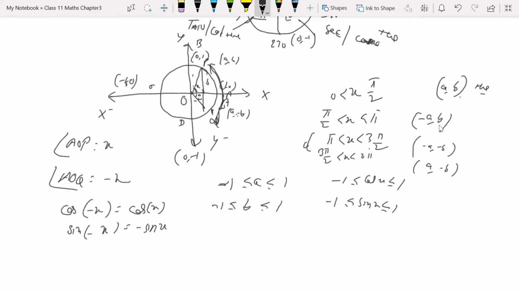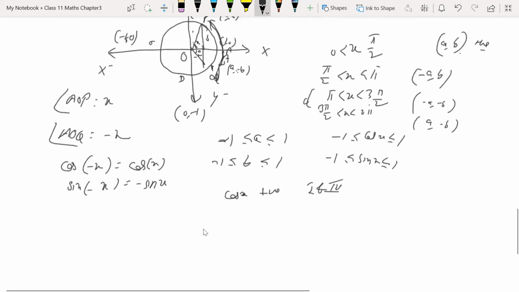It is also positive for 3 pi by 2 less than x less than 2 pi. It is positive in these two quadrants, meaning cos is positive in the first and fourth quadrants. Likewise, we can find the trigonometric functions for the different quadrants also.